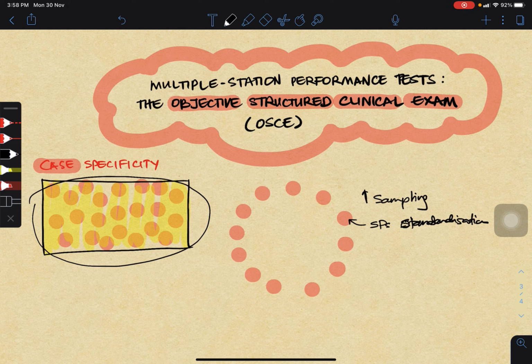And in all of these stations, you use checklists or rating scales. So the rating now is more standardized, more objective and structured. And because all students will see all the patients, therefore there is comparability. So that, in a nutshell, are the advantages of the OSCE, why it is called objective.